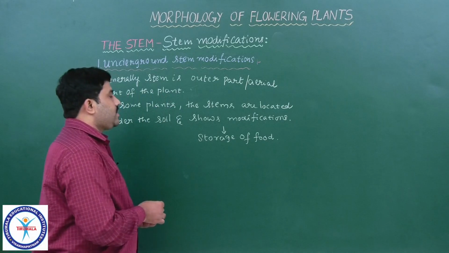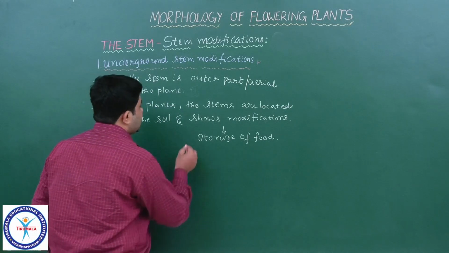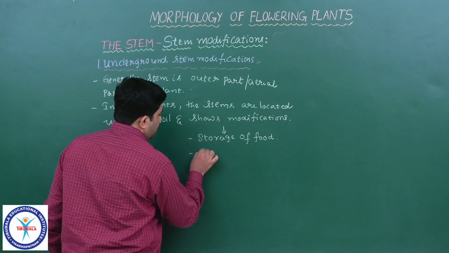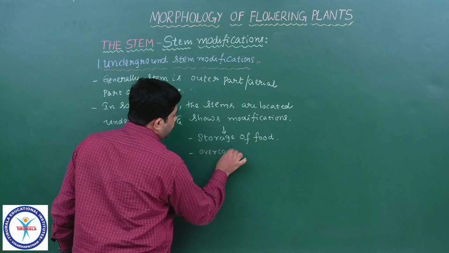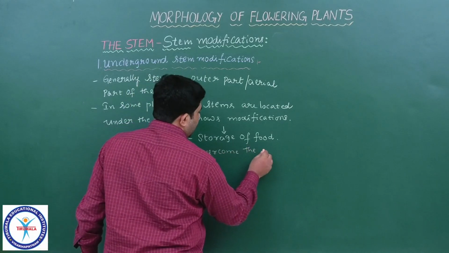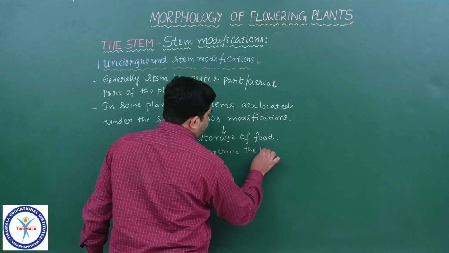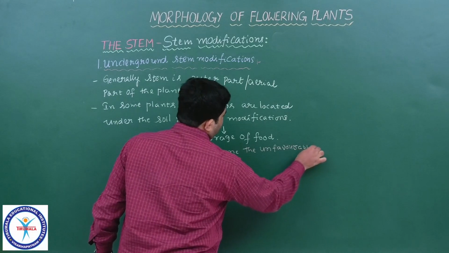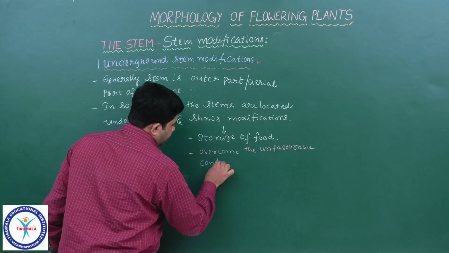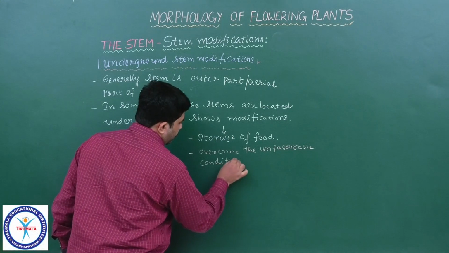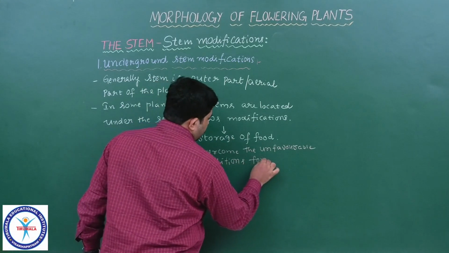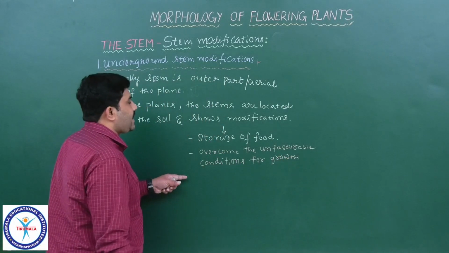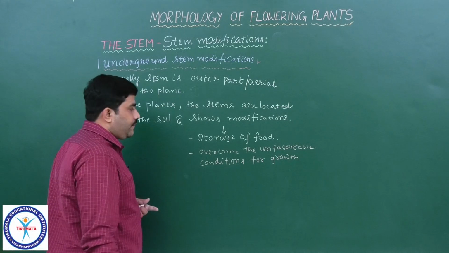They are not only storing food, they also perform functions like overcoming adverse conditions, the unfavorable conditions for growth and development. So these conditions are tided over by the underground stem modifications.